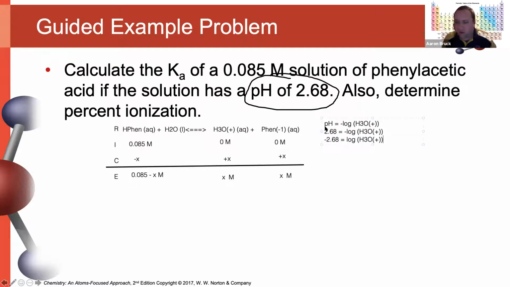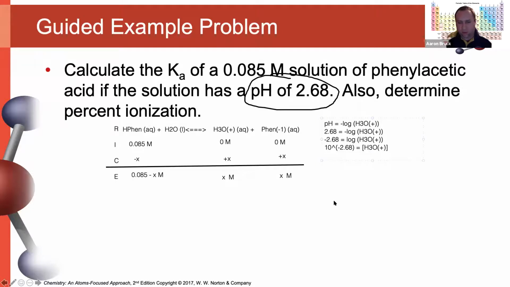Antilog you can find on your calculator as the secondary function of the logarithm. It's the one that has the 10, and it takes the 10 to the power of negative 2.68 in this case to figure out what the concentration of H3O plus is.